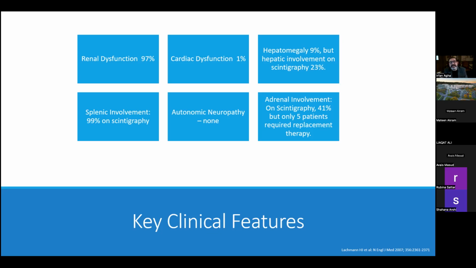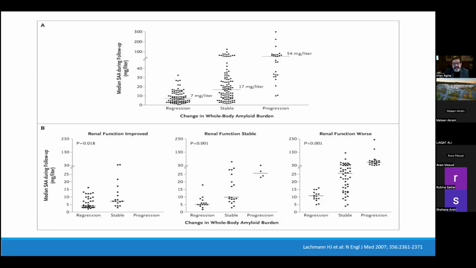So you see the ATTR attributes, cardiac dysfunction and autonomic neuropathy. AA amyloid is the mirror of that clinically. And then adrenal involvement, almost 40% of them had it on scintigraphy, but only 5% of the patients required replacement therapy. So these are some clinical insights of how this disorder presents clinically.